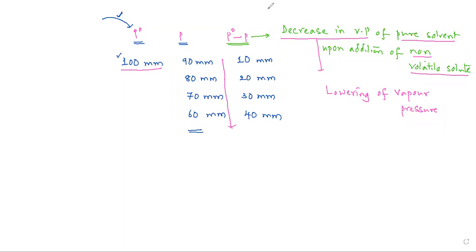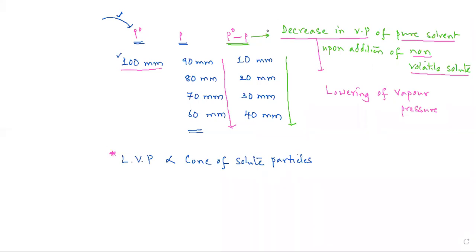But at the same time, if you observe the lowering of vapor pressure, see, it went on increasing. So we can say that LVP is directly proportional to the concentration of the solute particles. Okay, now this is very important.